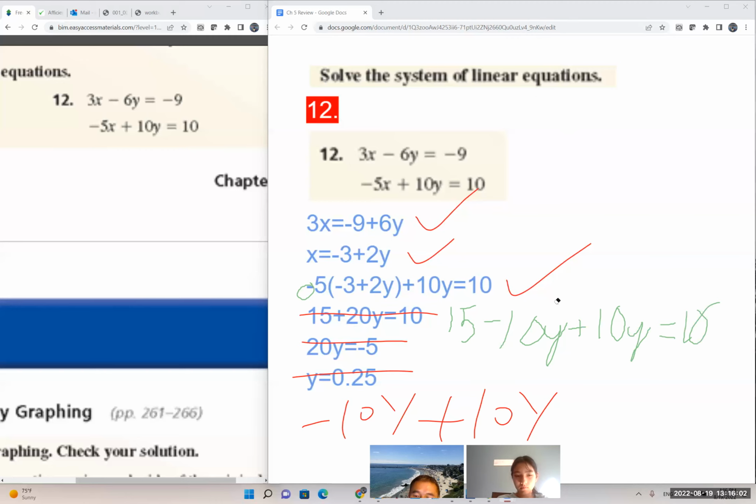Okay, yeah. Then keep going. What you can get? Yeah, anyway, so here means 0 or 0 of y, right? Just means 0. Okay, then you get 15 equal to 10. Okay, keep going.